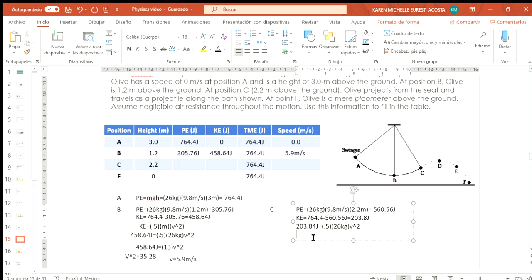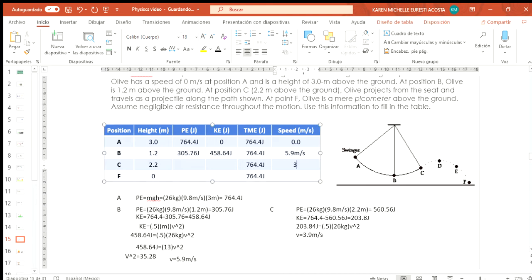We divide 203.84 by 13, and then we take the square root, and we get that V equals 3.9 meters per second.